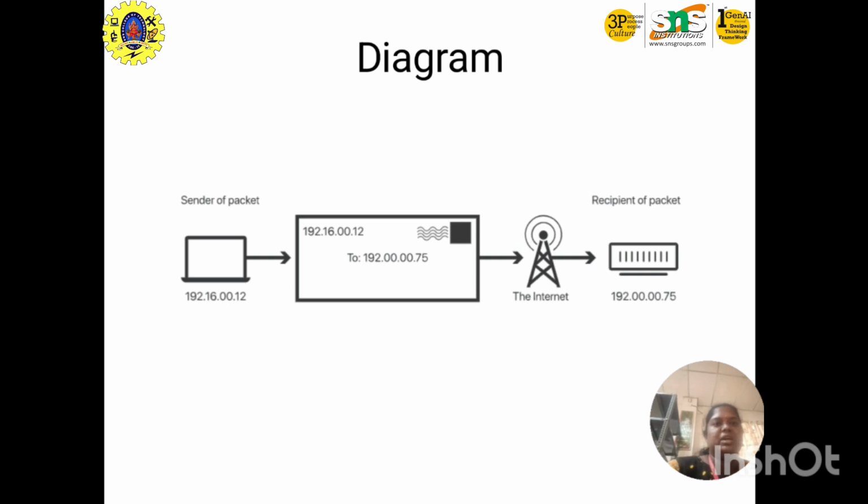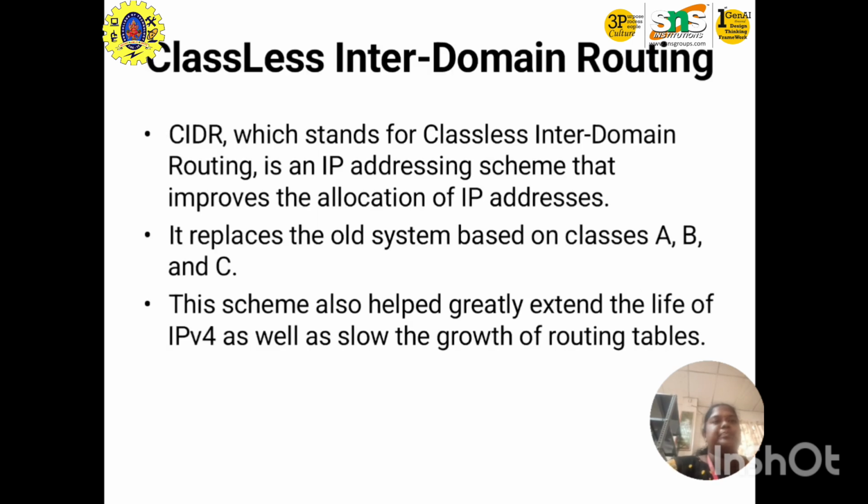An address like 192.16.00.12 is translated by the DNS through the internet, so it is received by the end side as a human readable name, which is easy for the user to memorize.